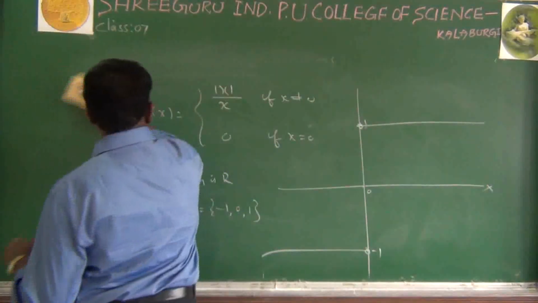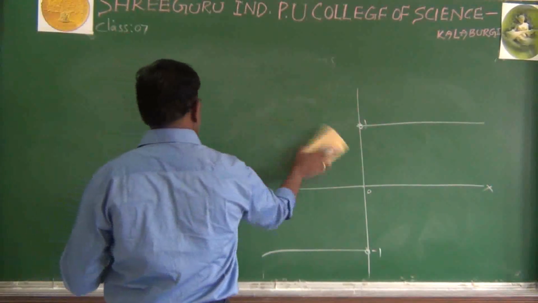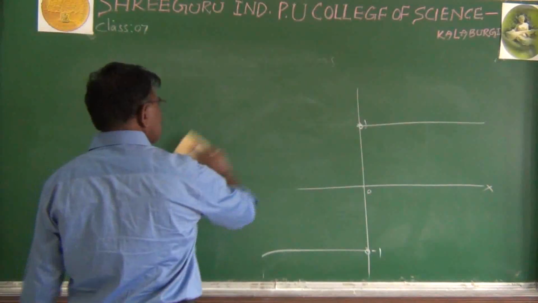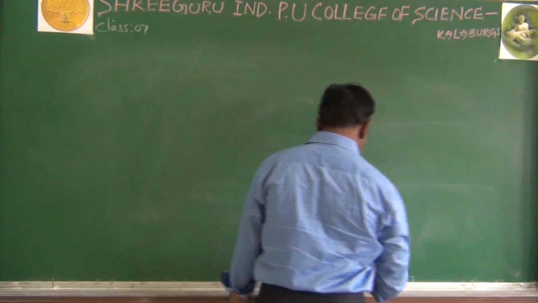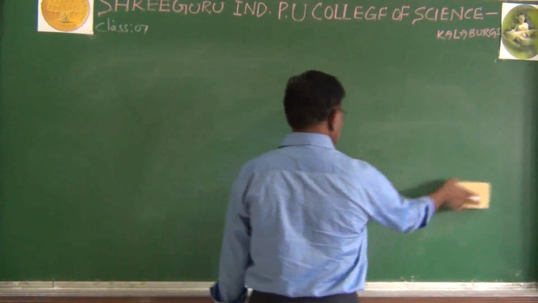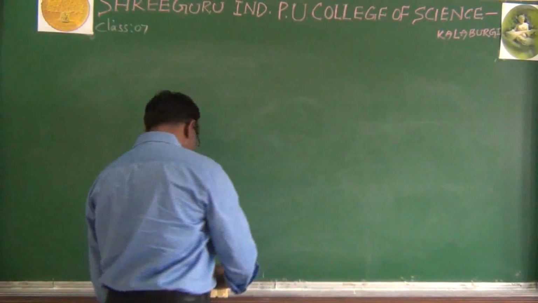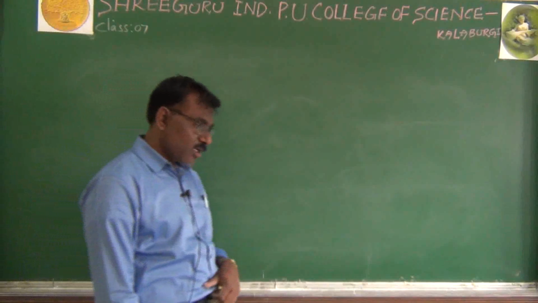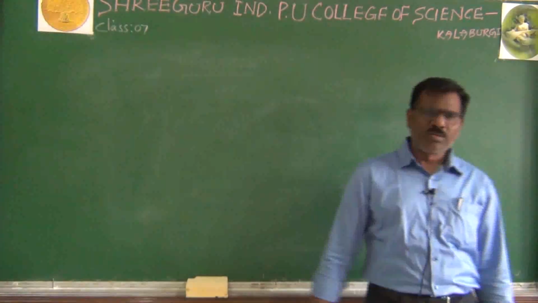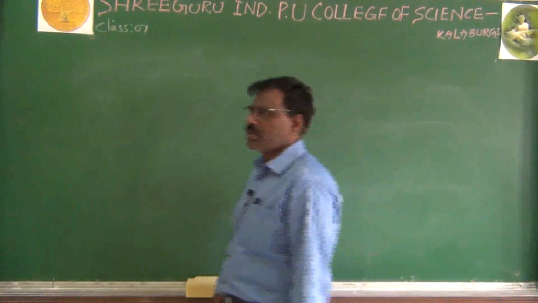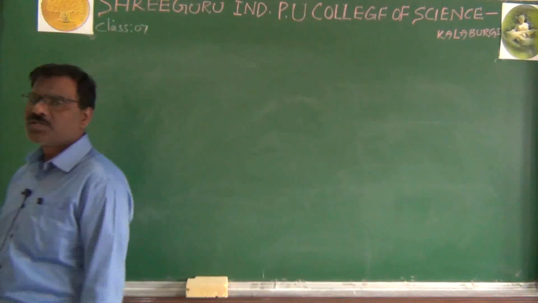How is the signum function defined? f of x equal to modulus of x by x, x not equal to 0, and 0 if x is 0. What is the domain? Domain is any real number. But your answer is 1, -1, 0.